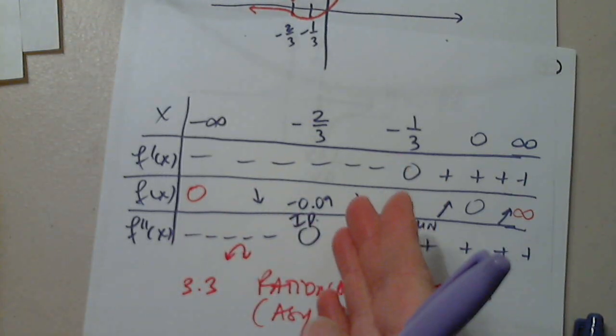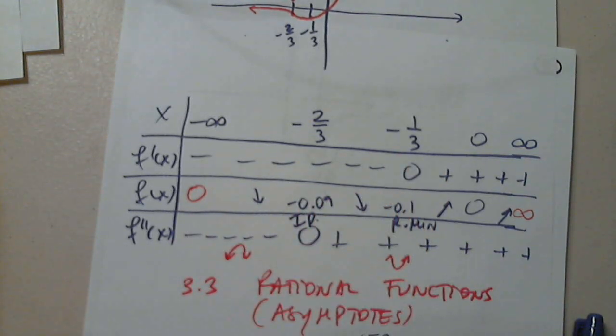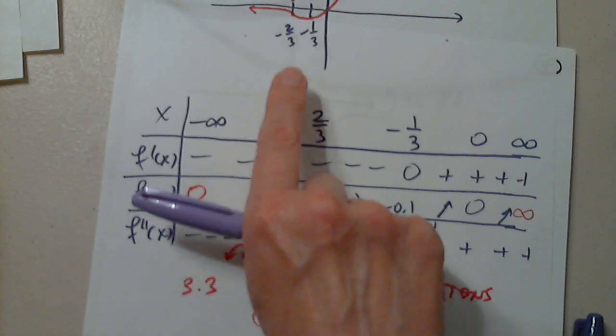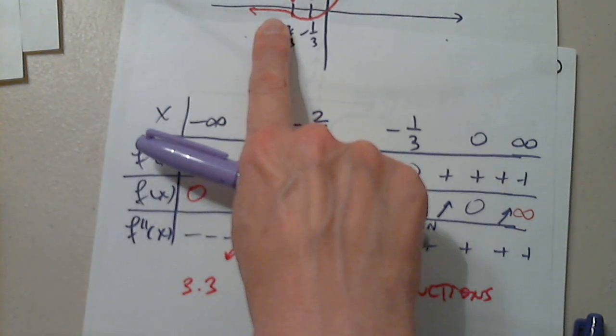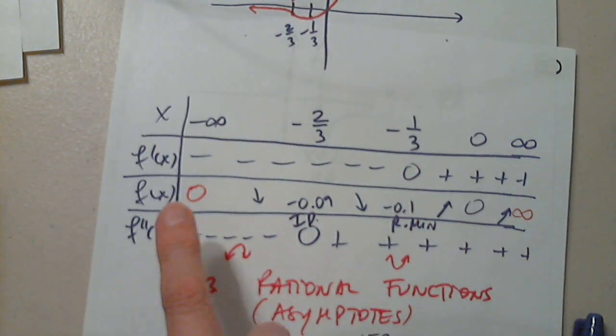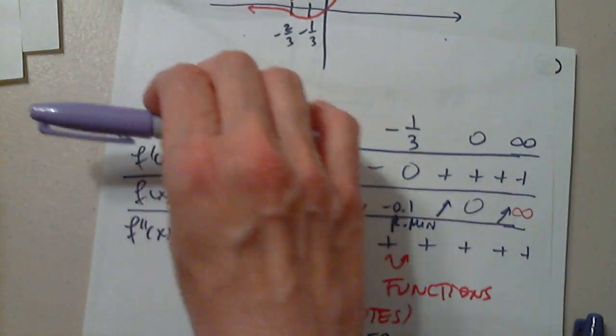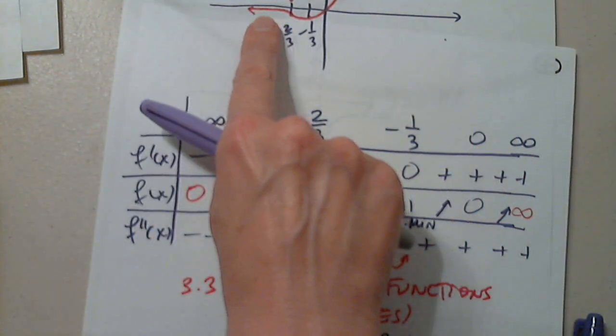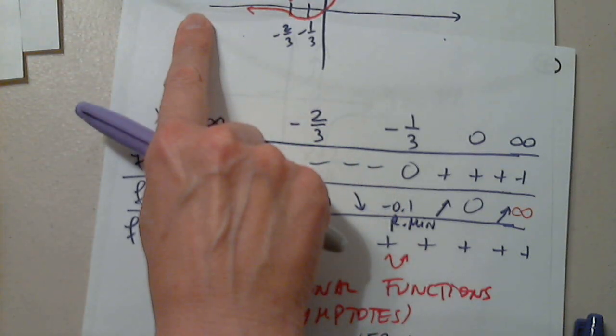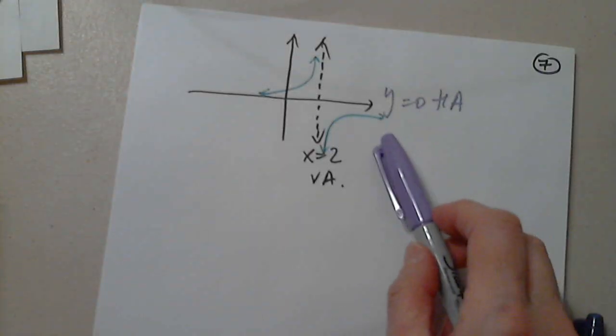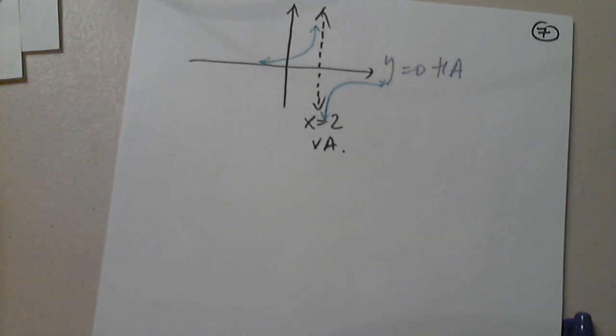That's why this function should not even be in 3.2. Here, this is a horizontal asymptote, but not at this end, only at this end. So only when x approaches negative infinity, the function gets closer and closer to a horizontal asymptote, which is y equals 0.